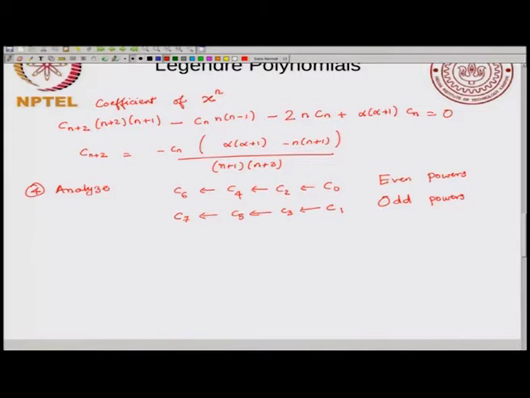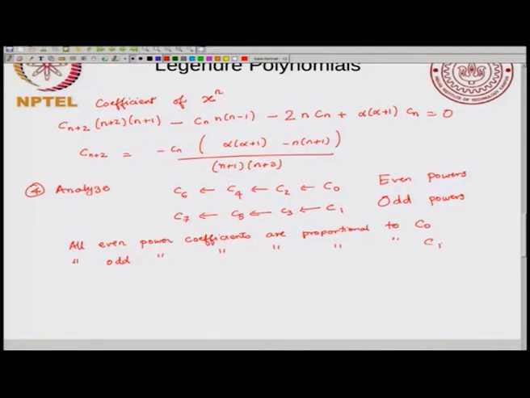So, basically you can say that all even power coefficients are proportional to C0. Now, this is very specific to the Legendre differential equation. It is not generally true. In this particular case, all even power coefficients are proportional to C0, and similarly all odd power coefficients are proportional to C1.